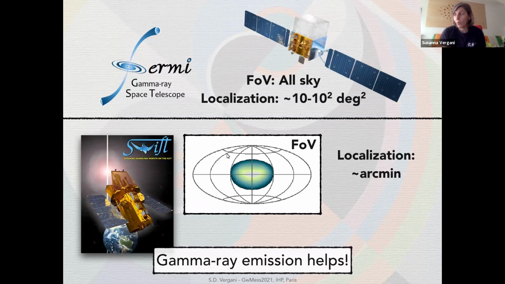This is an important point to consider when you have to decide the cadence of your observation. For example, for LSST, I come back to that again, but it's pretty important. The cadence of the survey at the present state is not the best one to identify the counterparts, okay?